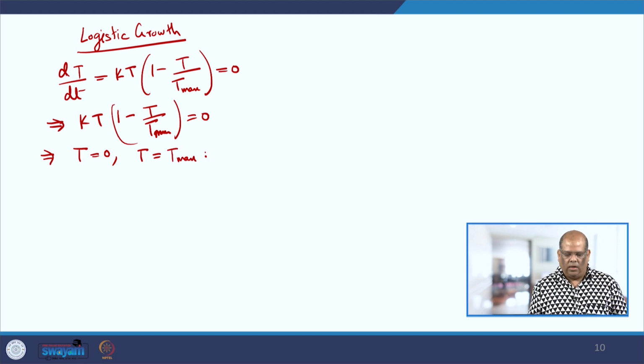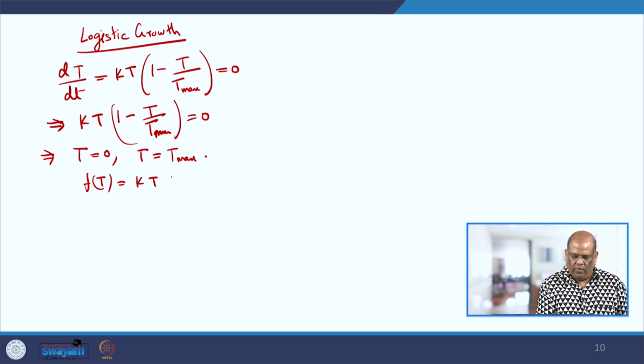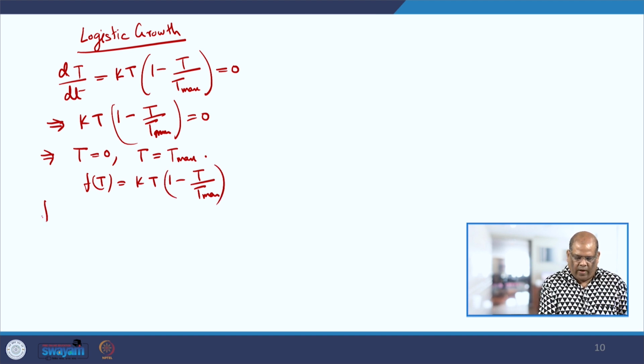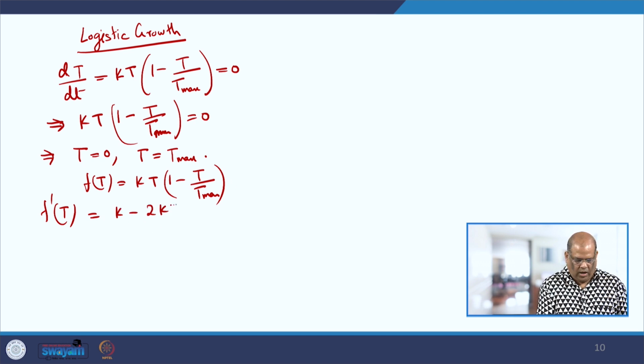Now, to find the stability, you take some f(T) equal to KT(1 - T/T max). I find what is f'(T), which will be K - 2KT/T max.